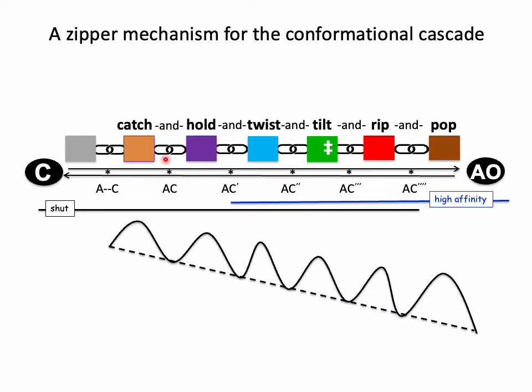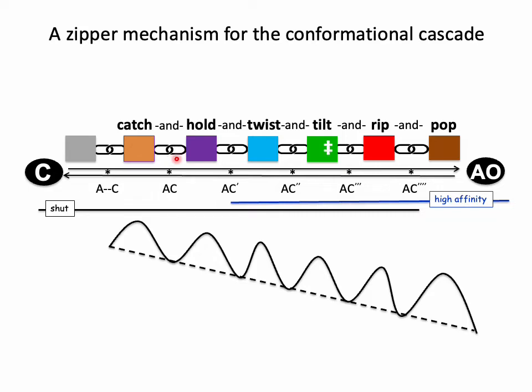So that linear free energy relationship is shown by this paperclip symbol, showing that catch here in orange and hold are linked by a linear free energy relationship where catch promotes hold by lowering the transition state. And that is what I call the zipper mechanism.